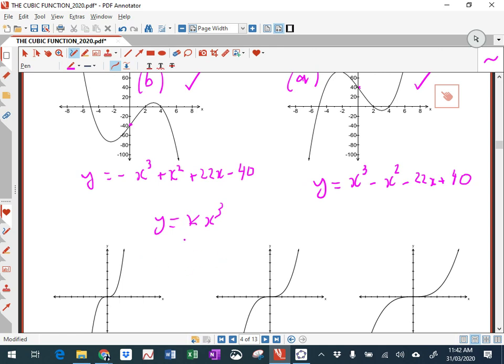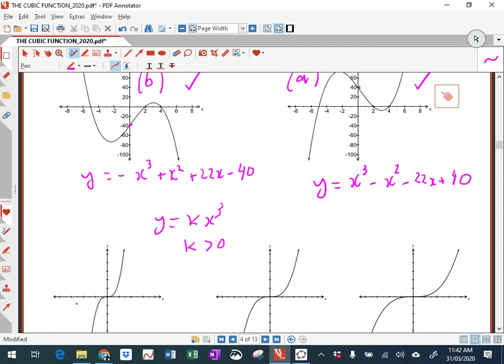So I know that the k value is positive, right? And I notice that they get wider as well. Now remember we looked at it and we said that the bigger the k value, the steeper the graph, and the closer to the value of 0 that k is, the wider the graph.